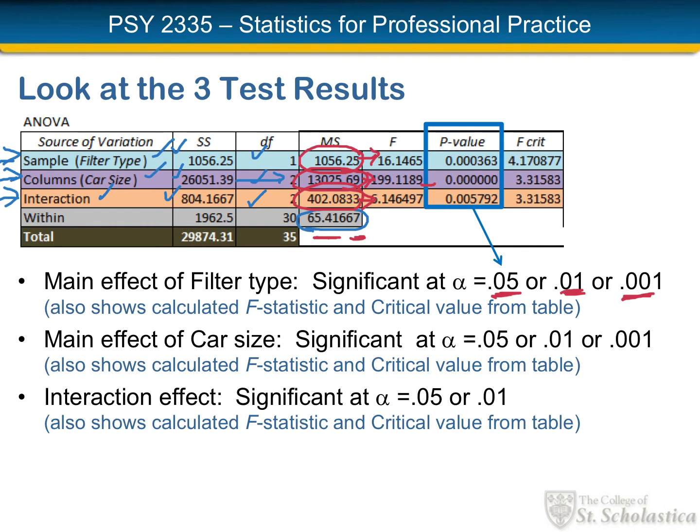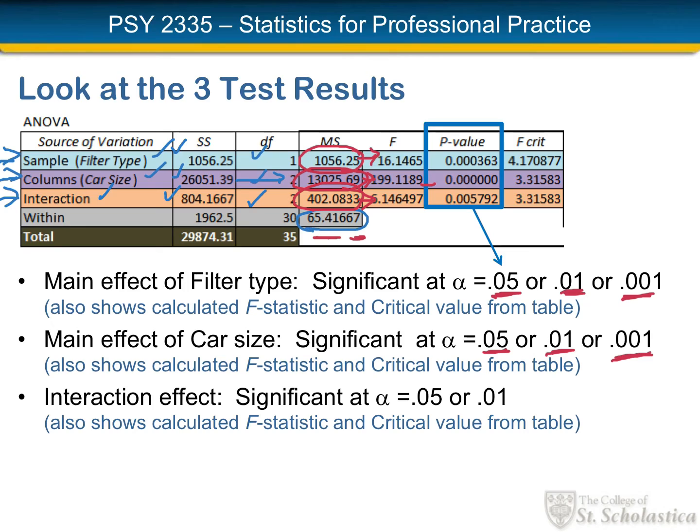It means that my p-value is less than 0.05, it's less than 0.01, and it's less than 0.001. I could report that it's less than 6 zeros and a 1, but I'm unlikely to go that far in a write-up. I would probably just report that it was less than 0.0001.